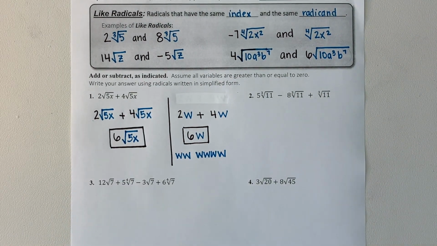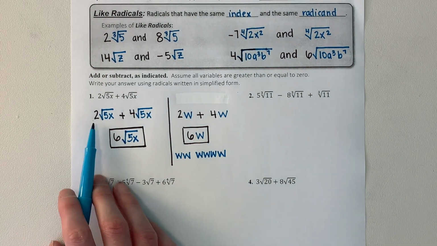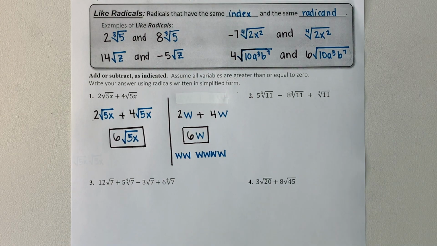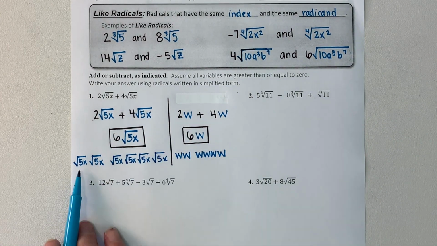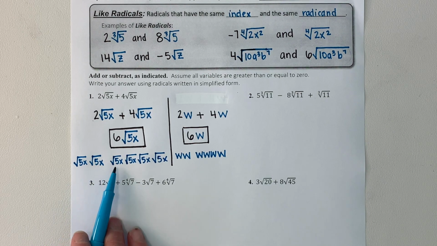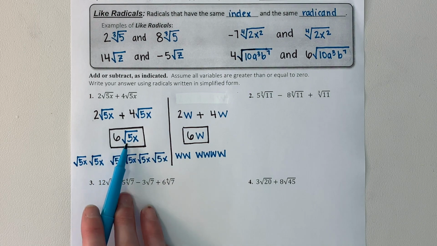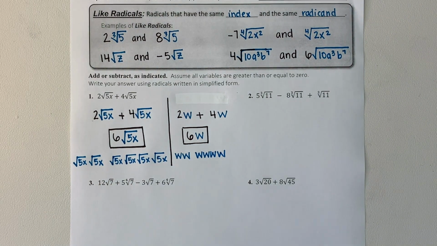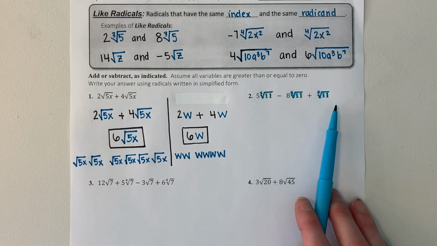Now, to make sense of this, let's draw this out. What are we actually doing here? Well, this means that we have 2 square root of 5x's, and we're adding 4 more square root of 5x's. And if we take 2 square root of 5x's and add 4 more square root of 5x's, we now have a total of 6 square root of 5x. Let's take a look at this next example. These are like radicals since they all have the same radical base.